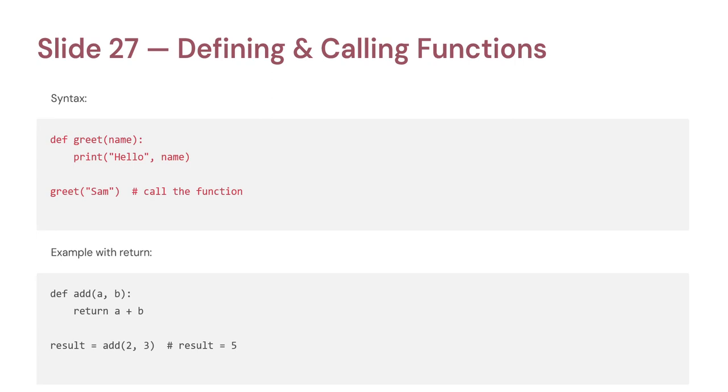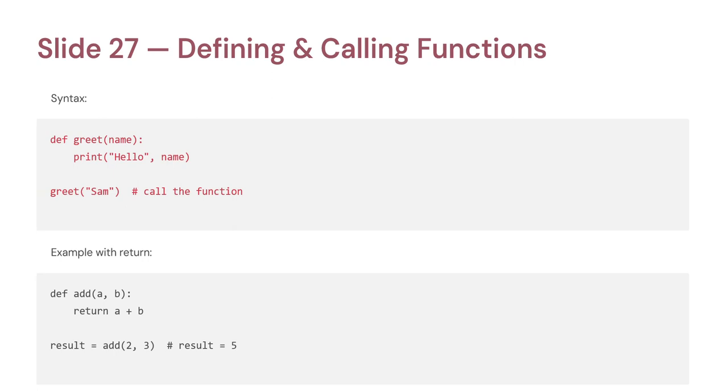Inside the function we print the greeting. Now we call the function greet Sam. So the output will be Hello Sam. The function executes whenever we call it.